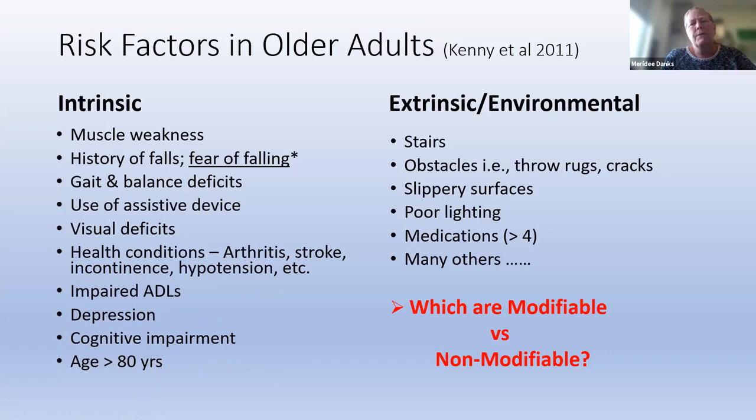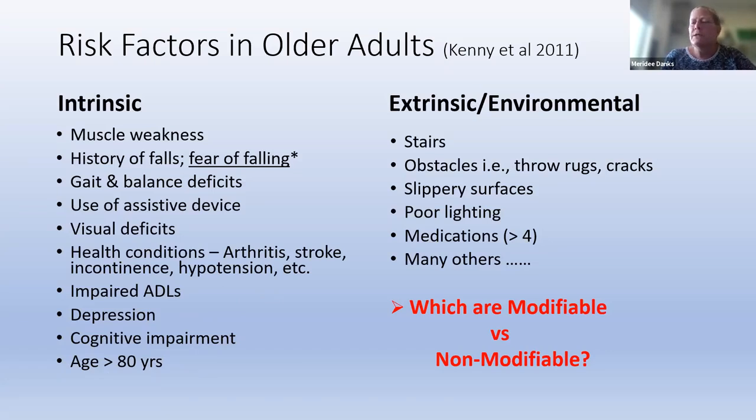Extrinsic or environmental risk factors are obstacles that we might trip over, throw rugs or cracks, stairs, slippery surfaces like in the bathroom, or snow and ice in the wintertime, poor lighting.